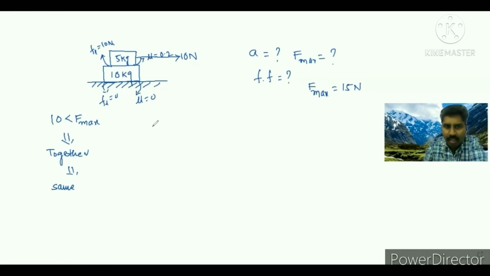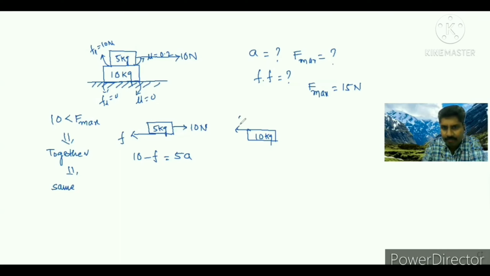Then I will take one block, the 5 kg block. This is friction only, I will take F. But here a 10 newton force is applied. So 10 minus F is equal to MA. M means 5, A we don't know. This is the first case. Second case, take the 10 kg block.